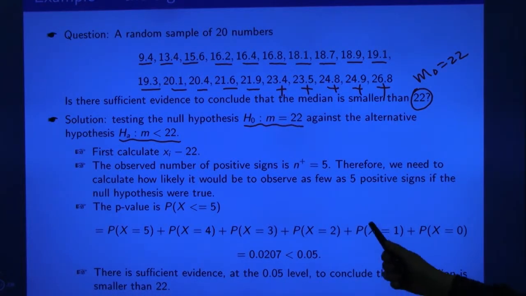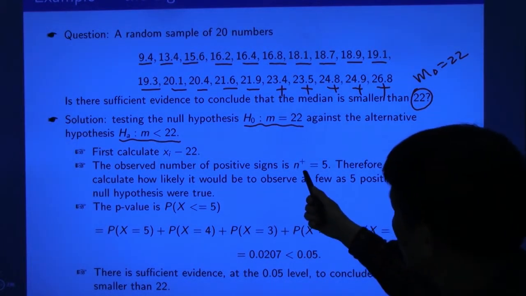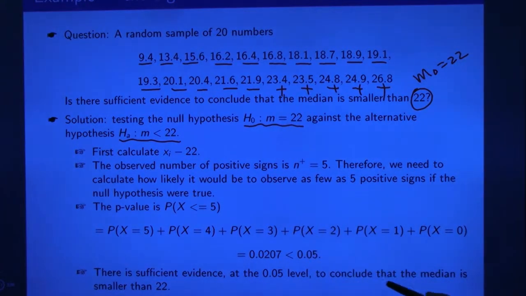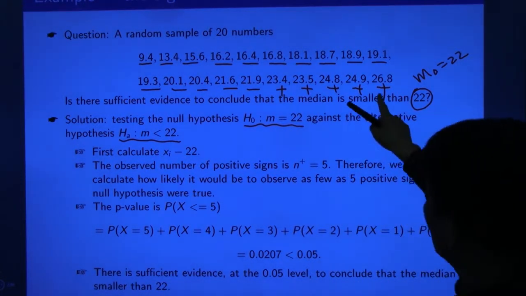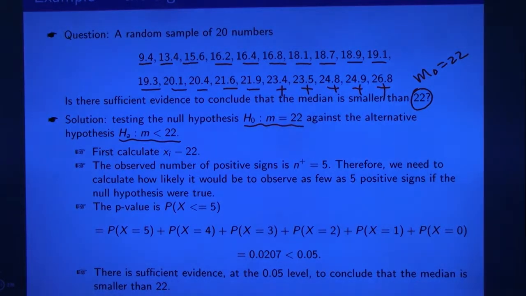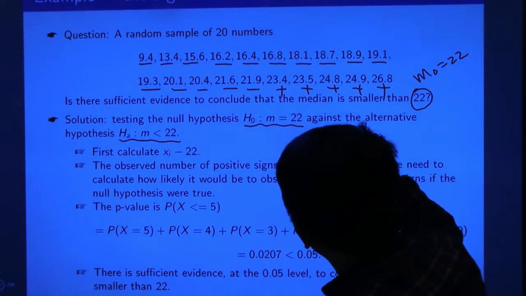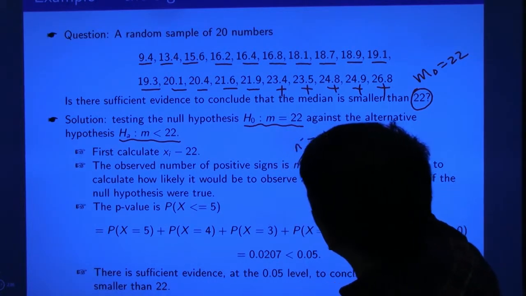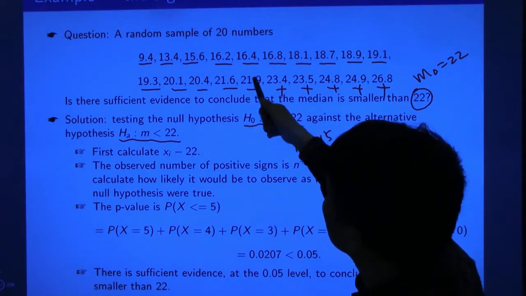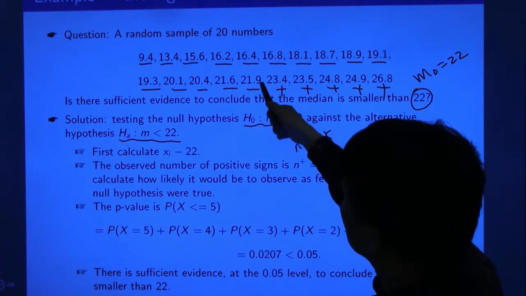Now we know that N plus, the number of positive signs, equals 5: 1, 2, 3, 4, 5. We also know N minus equals 15, because here there's no difference exactly equal to 0.